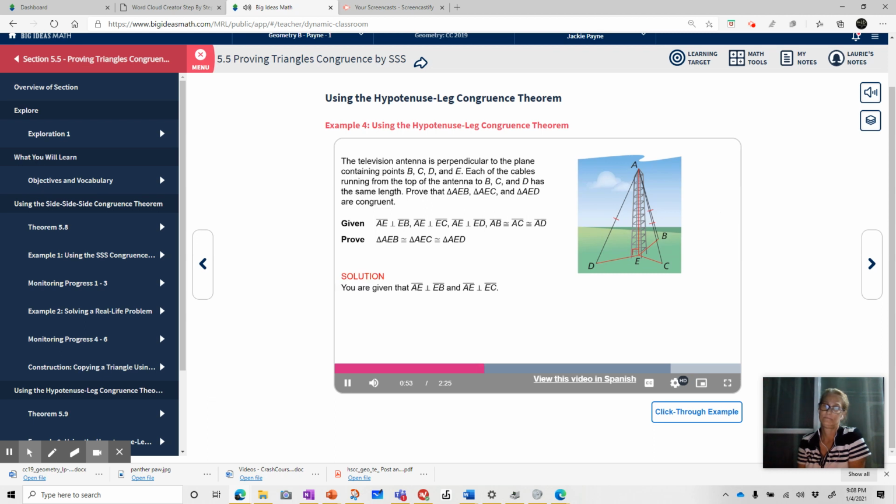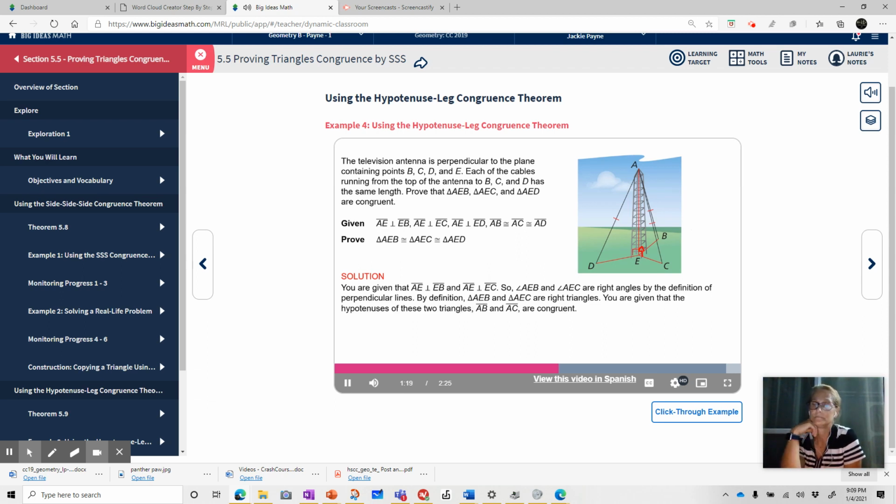Solution. You are given that segment AE is perpendicular to segment EB, and segment AE is perpendicular to segment EC. So, angle AEB and angle AEC are right angles by the definition of perpendicular lines. By definition, triangle AEB and triangle AEC are right triangles.